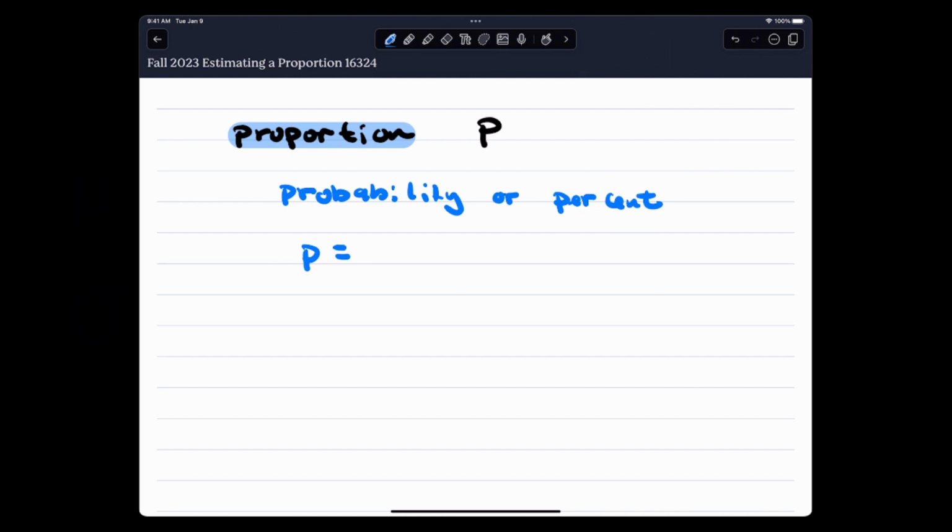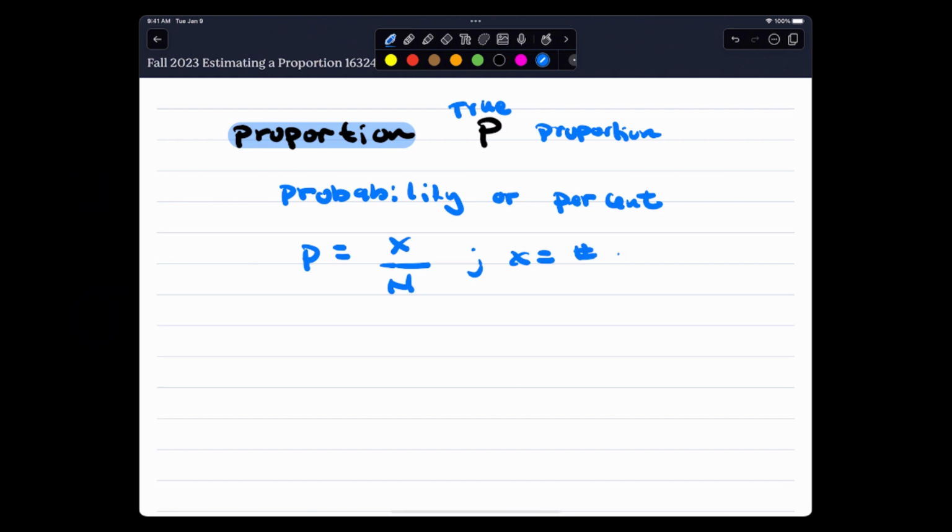So generally speaking, P is going to represent a true proportion. A true proportion is one that's from a population. The formal definition is X over big N, where X is the number of successes.